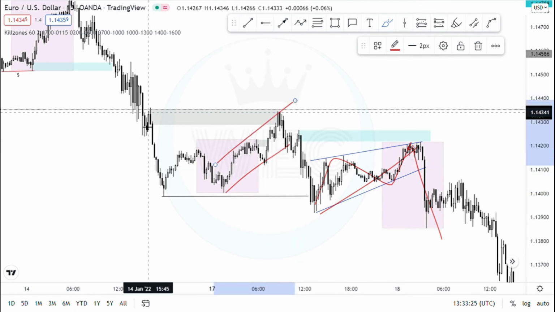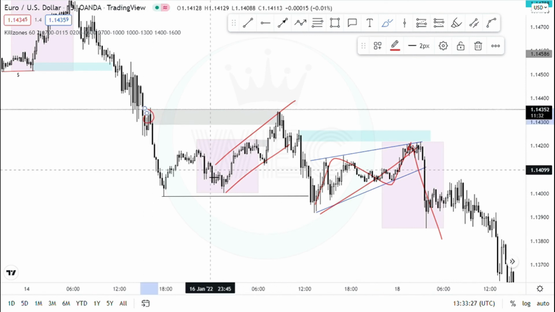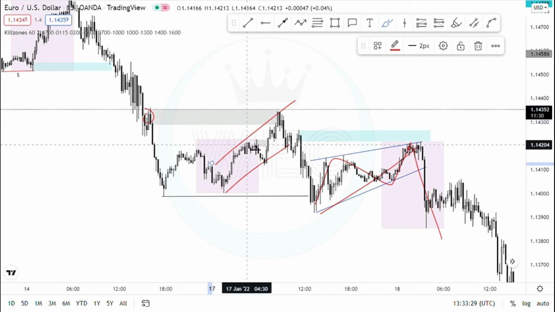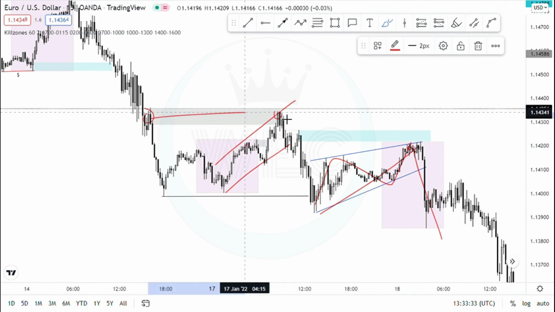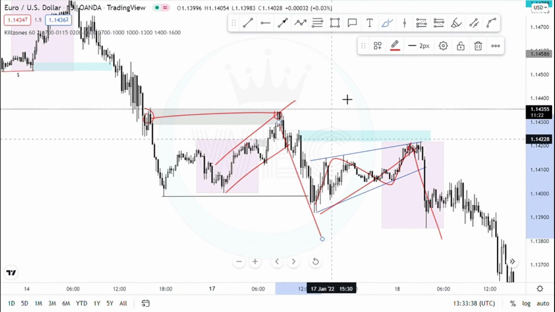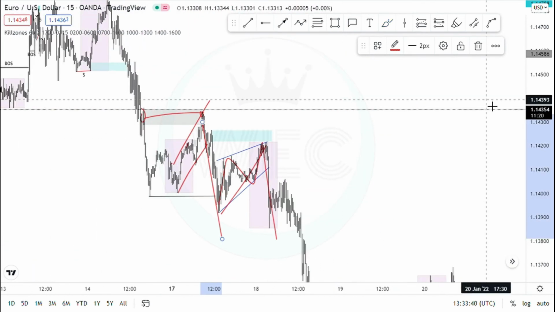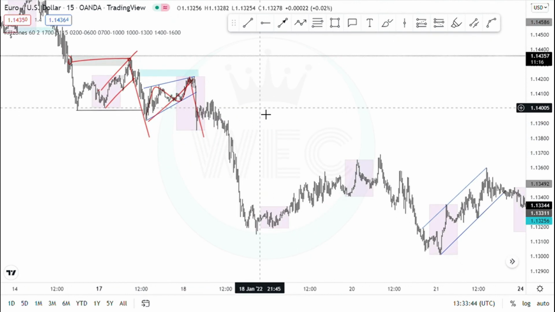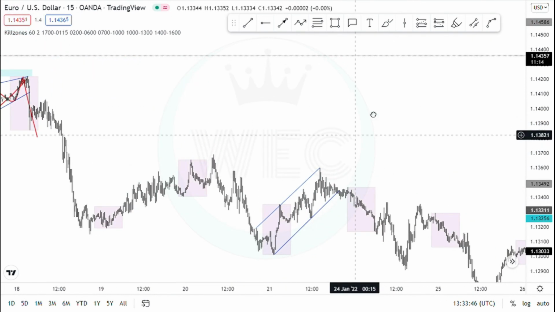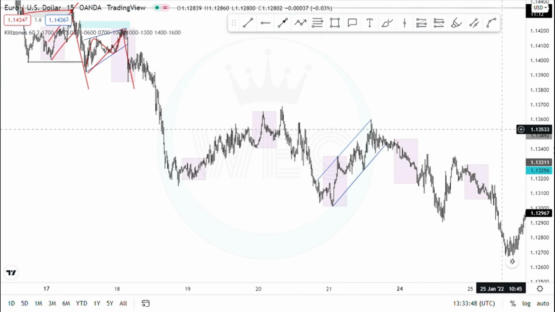Where did it come to? Into that supply zone. We have our first touch, our second touch, our third touch in here, within the supply zone. Okay, I mean, you can just take those sells to the downside. Okay, so you can see that these strategies work, but then you need to have the right knowledge, okay, to make a decent profit from all these strategies.